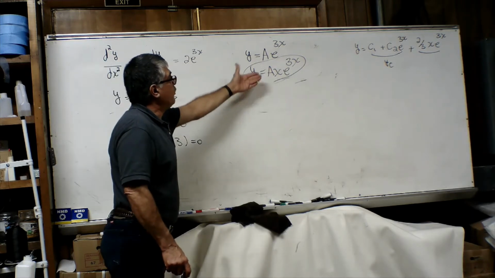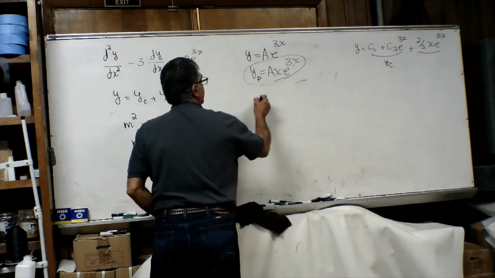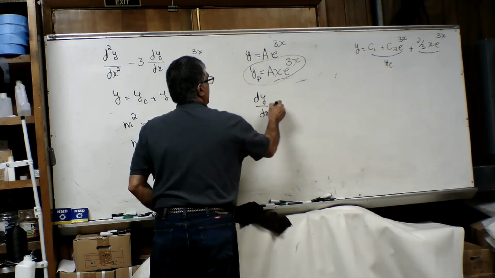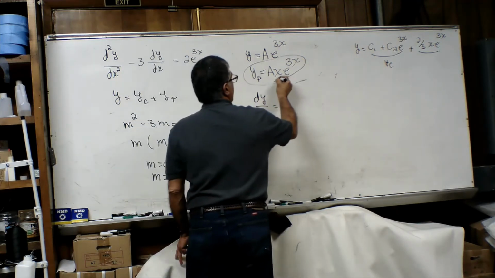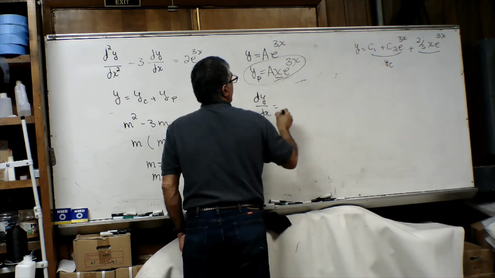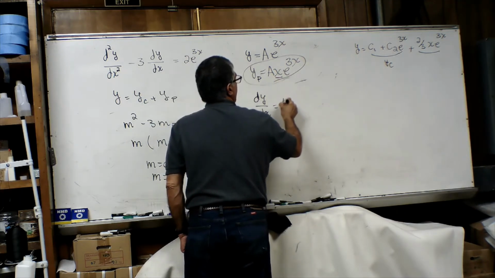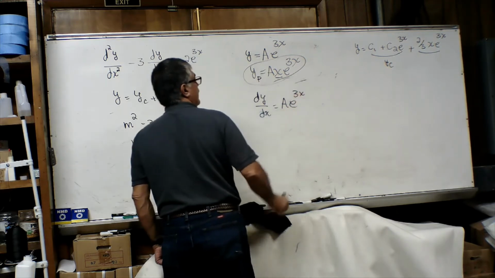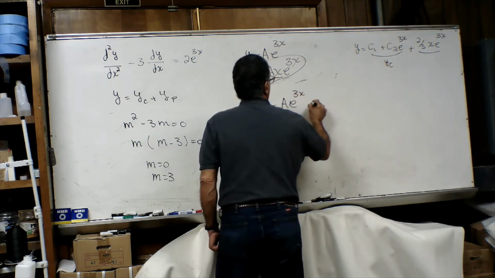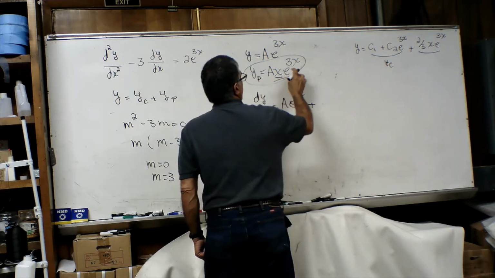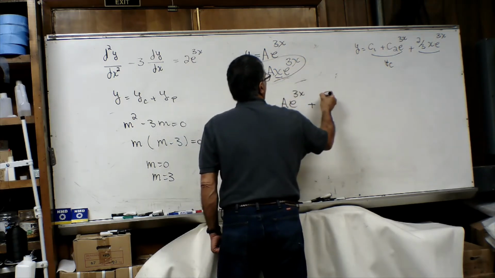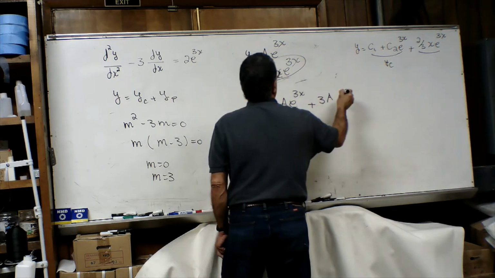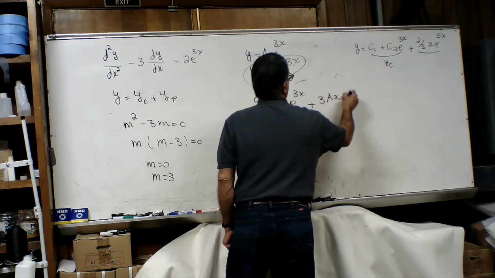So we assume a x e to the power 3x, so dy over dx will be equal to the derivative of x, which is 1, multiplied by a e to the power 3x, plus the derivative of the second one multiplied, so plus 3a x e to the power 3x.